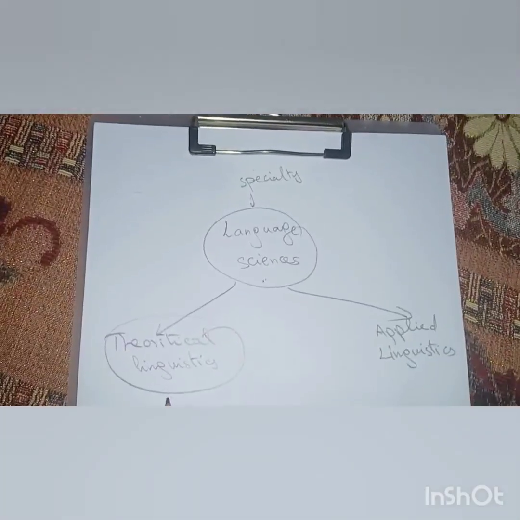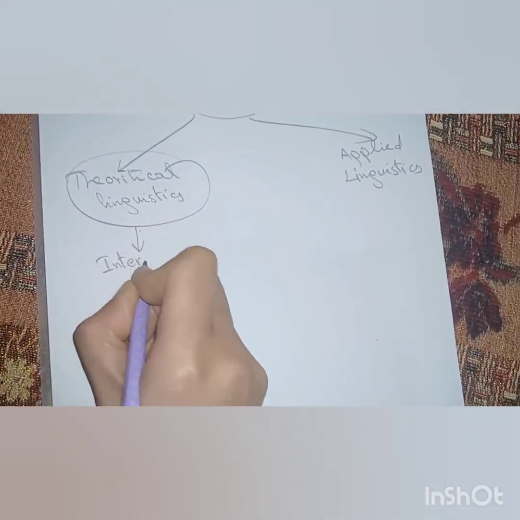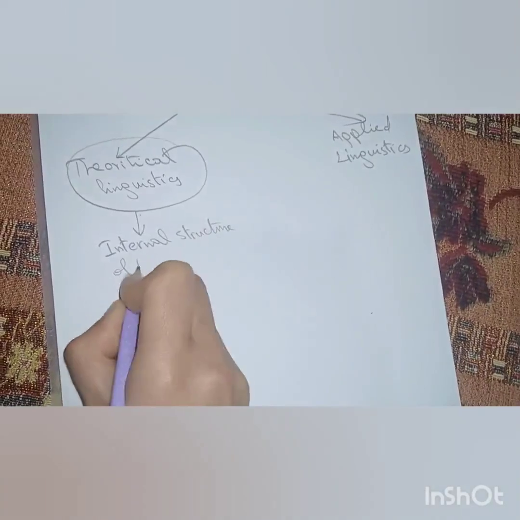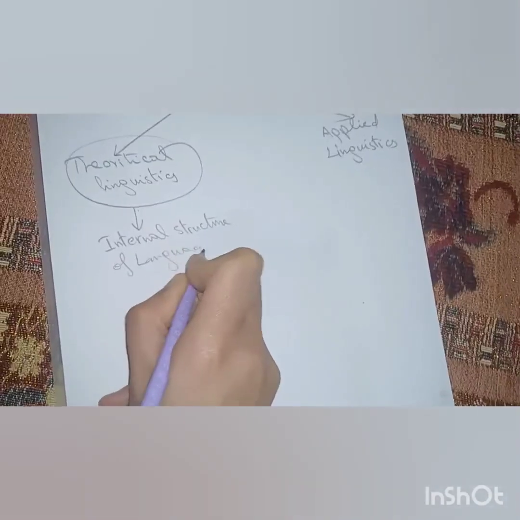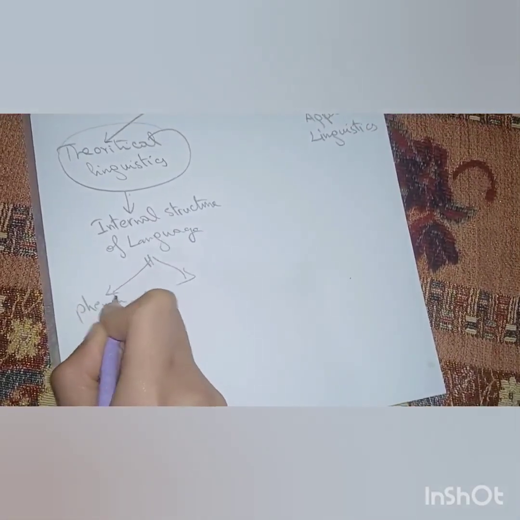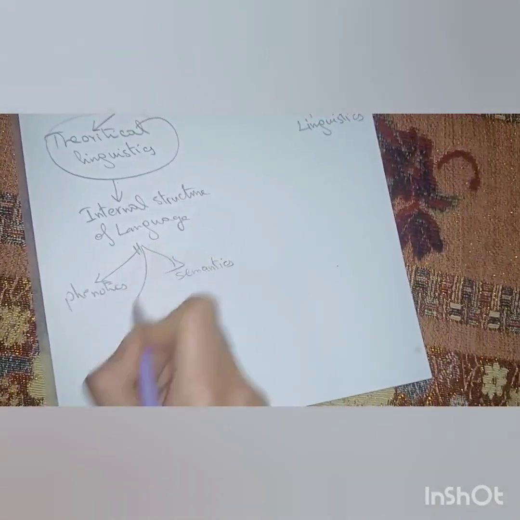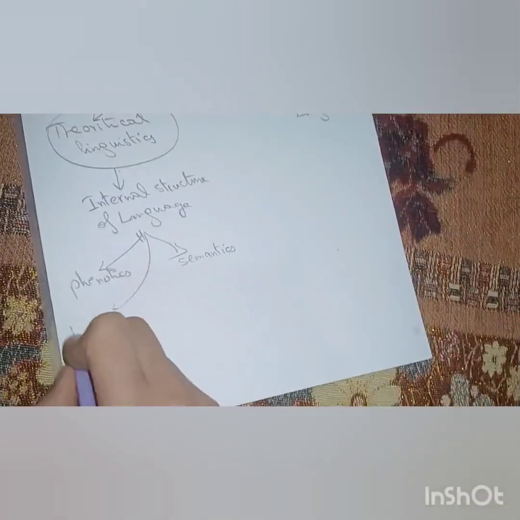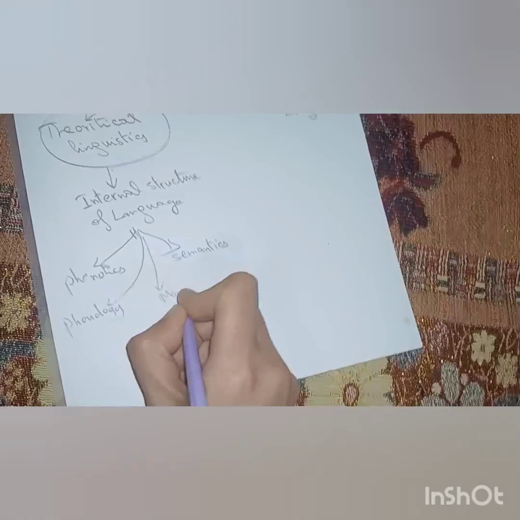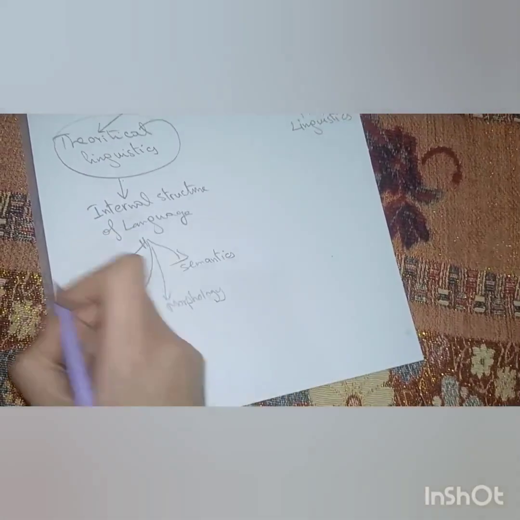Theoretical linguistics is more concerned with the internal structure of language, for example phonetics, semantics, phonology, morphology, and a lot of subfields.